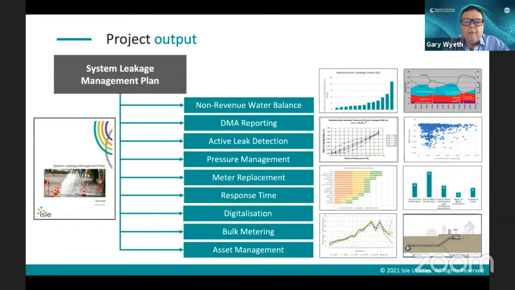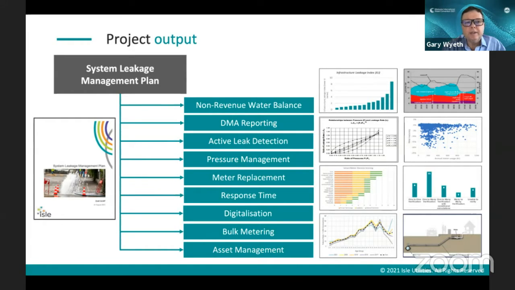It's all about managing the total holistic footprint of non-revenue water, all the way from the output of your treatment plants down to the customer billing and revenue payment. So we're looking at the total non-revenue water across your entire distribution system.